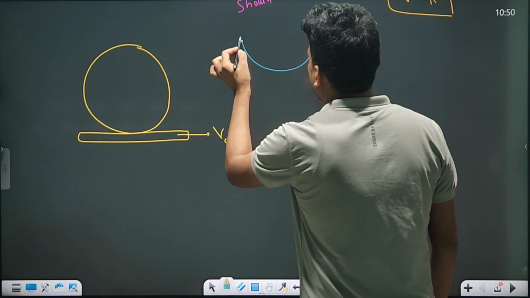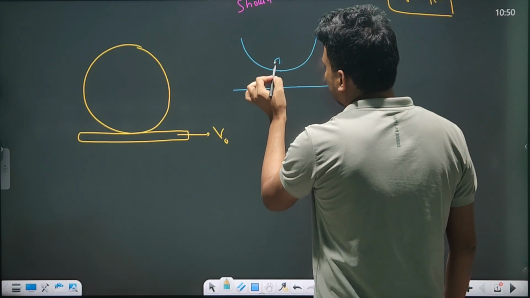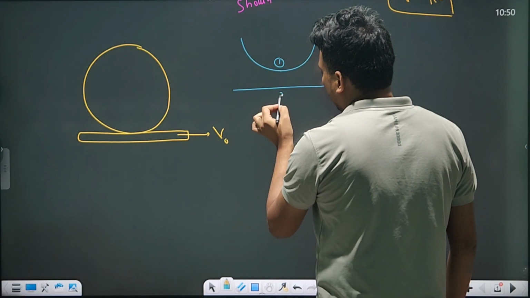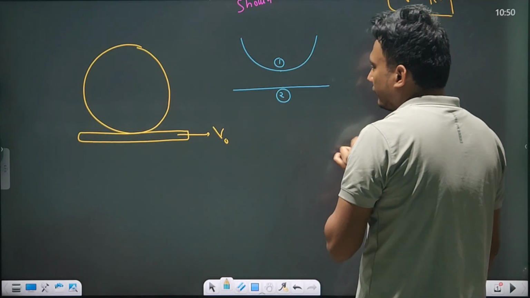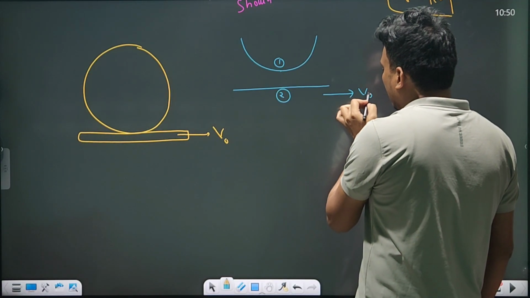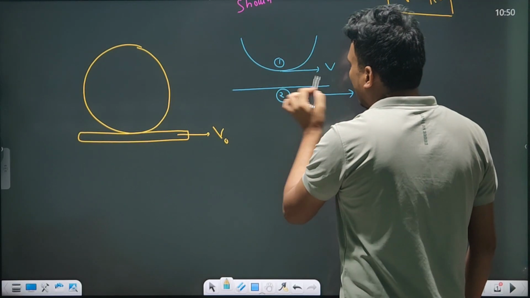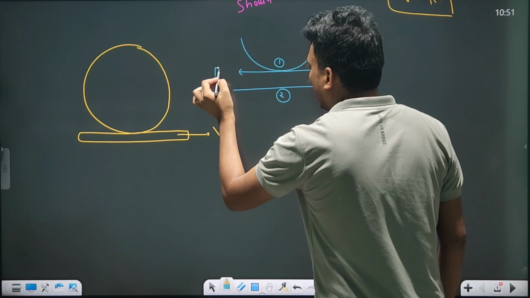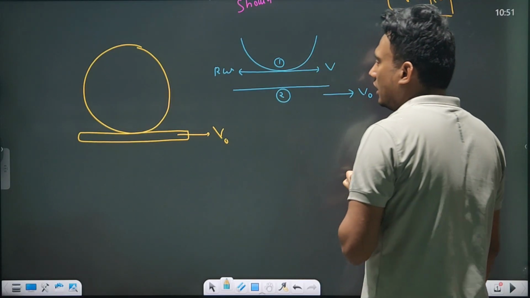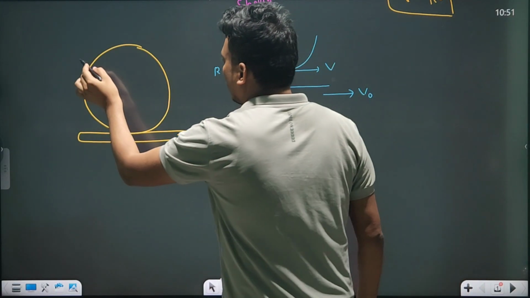Point 1 has linear speed V and the tangential speed R omega. Why is R omega on the left side? Because I consider the wheel moving in a clockwise direction.